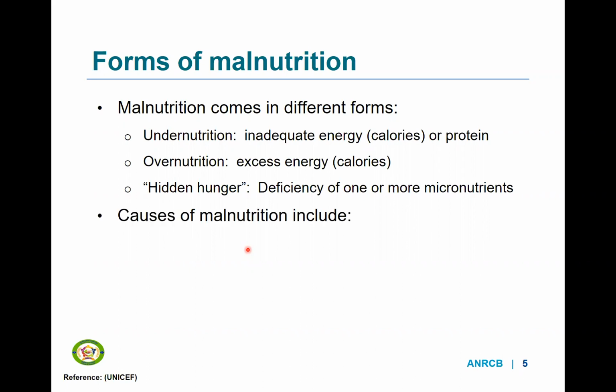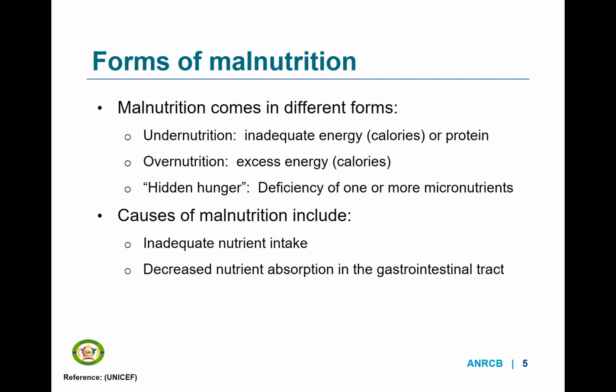The causes for this malnutrition, we've talked about a lot of levels of causes, but we want to highlight some immediate points. So first, in terms of immediate causes, we know not eating enough nutrients can lead to malnutrition, especially hidden hunger or undernutrition. But there are other things that can happen as well.